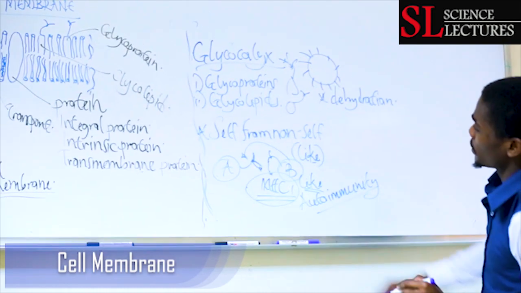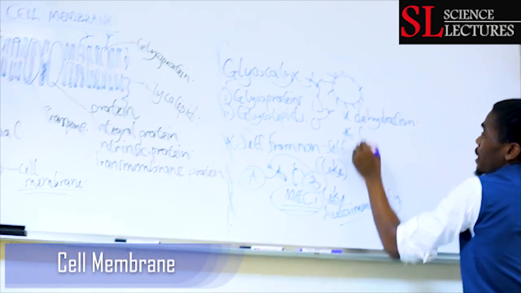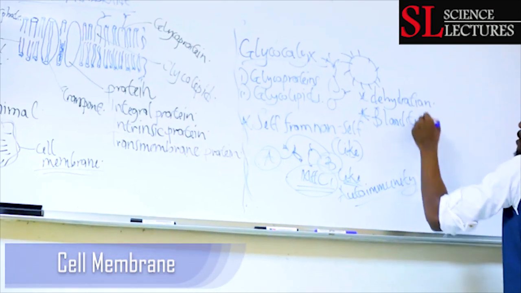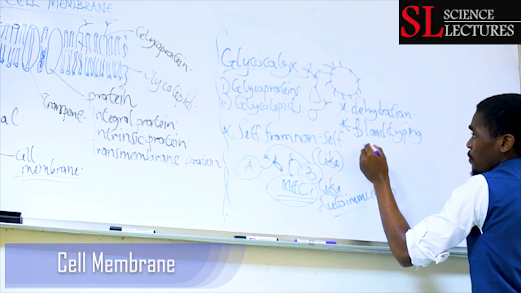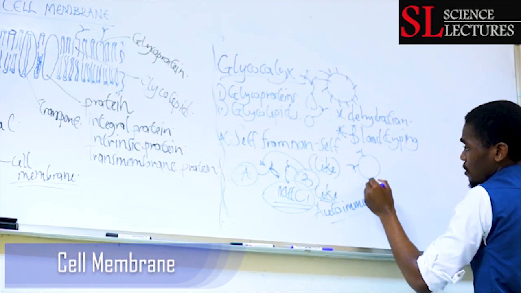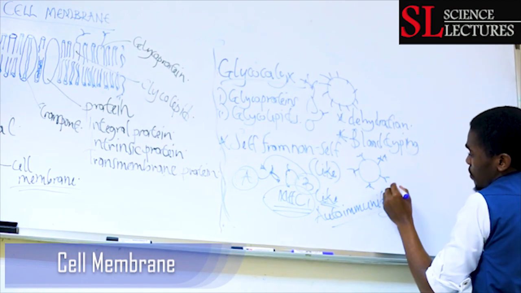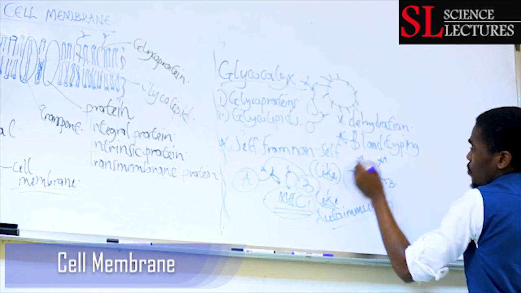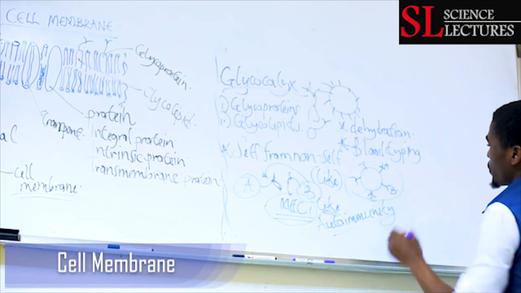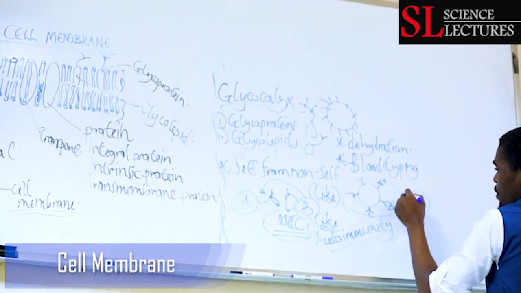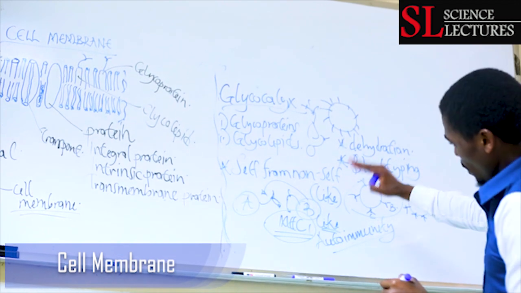Then again, another thing that can come into our minds is that we can use these glycoproteins in blood typing, because the red blood cell will have specific regions of these glycoproteins carrying, let's say this one is blood group A, another one can be blood group B, blood group C. So in blood typing, the same criteria of the glycoproteins is applied, because if another person brings in blood with a different blood group, the cells will recognize whether that blood is self or non-self.